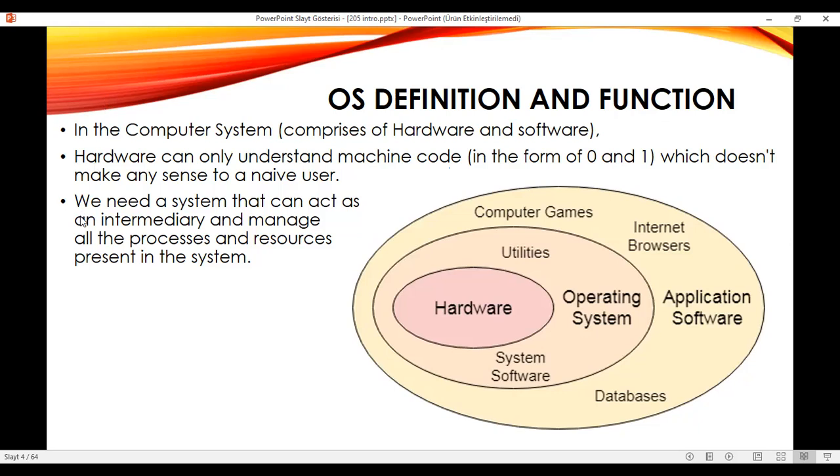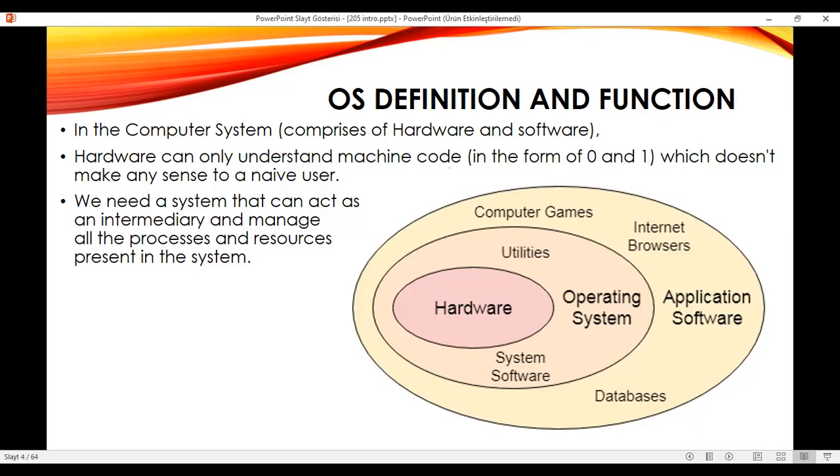So on one side there's a machine that understands only states or phases, two different things, and on the other side we are human.